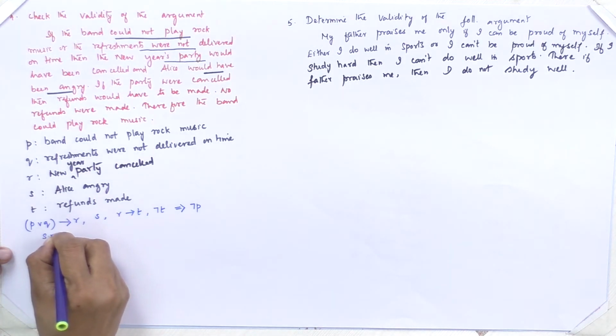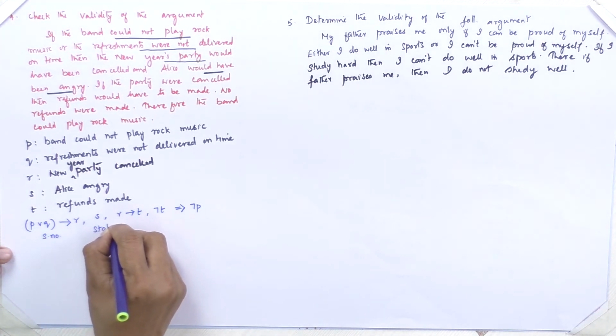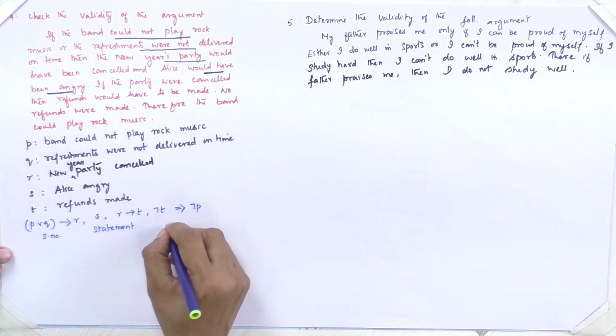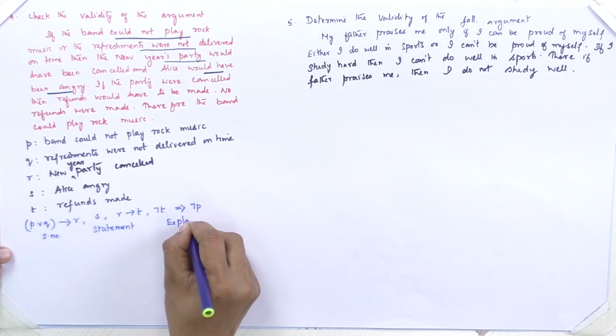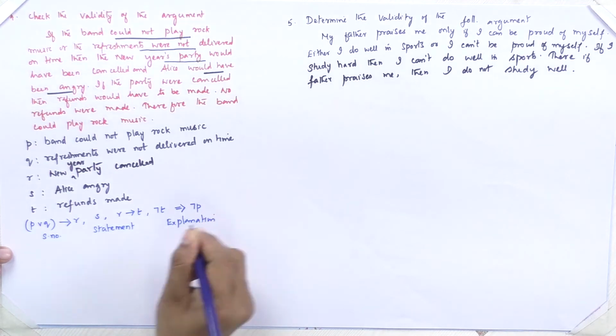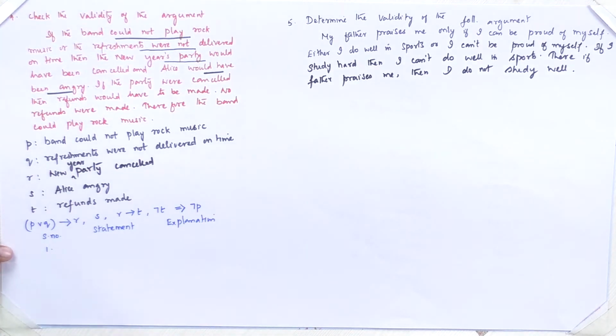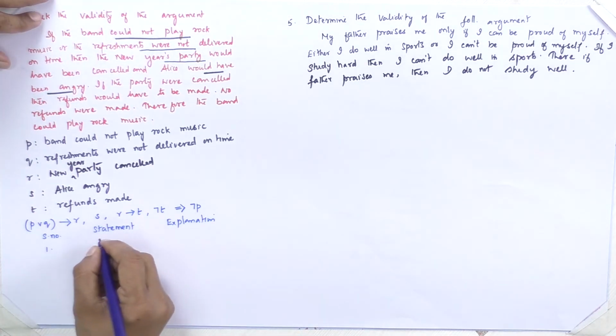So let us see: serial number, statement, explanation. So first thing we will have to check out and take out, right? So first one, I can take these two.